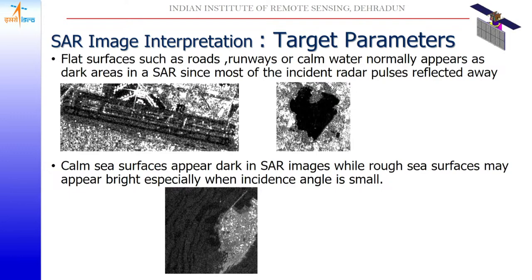As roughness increases, we have more backscatter. So a calm sea surface appears as a darker tone, but a windy sea has higher backscatter compared to the calm sea surface.